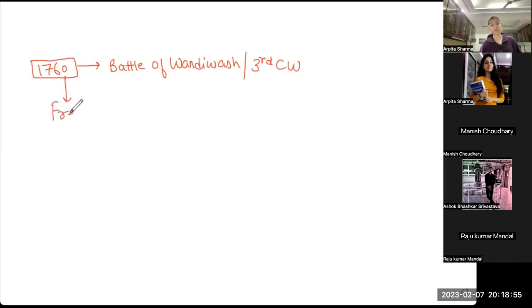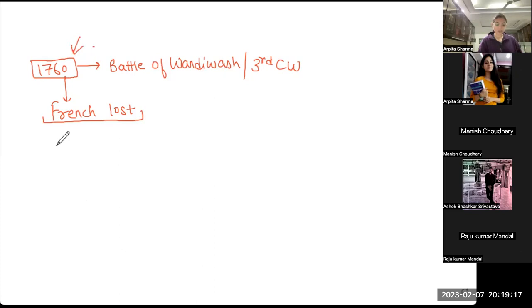Basically, the French were overthrown from India, and the Britishers established their supremacy over the Europeans. Amongst all the other Europeans that came to India, Britishers were the ones who were able to establish their supremacy or superiority after this particular battle.